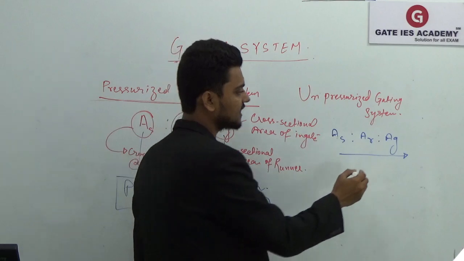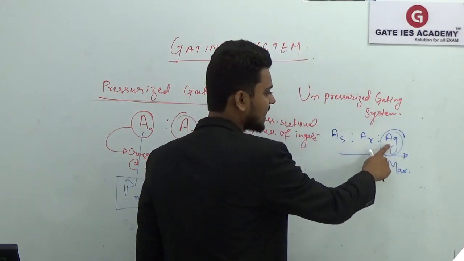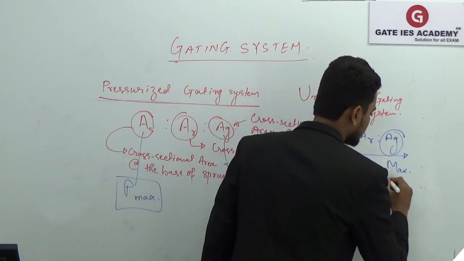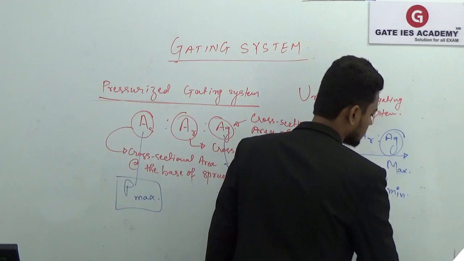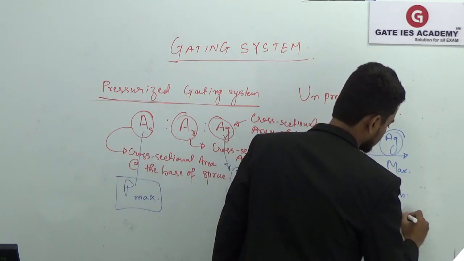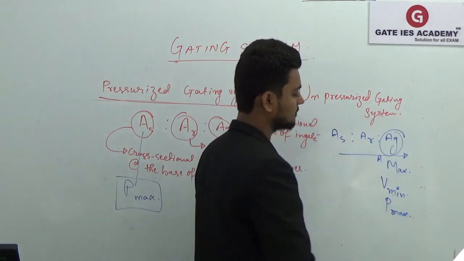So here AG will be maximum. The cross-sectional area at the gate is maximum. It means velocity will be minimum and pressure will be maximum, because area is maximum.